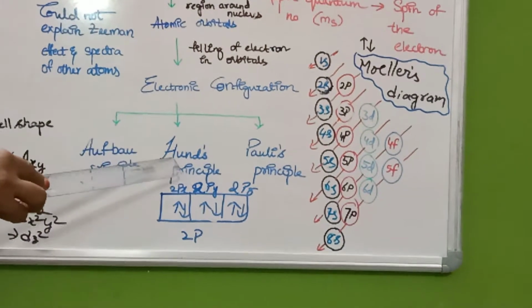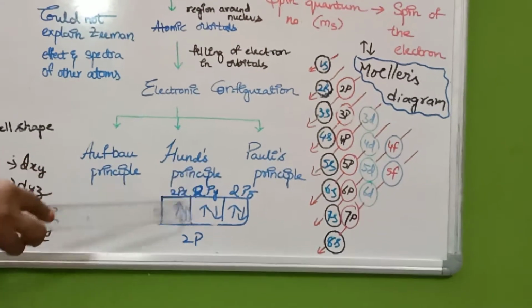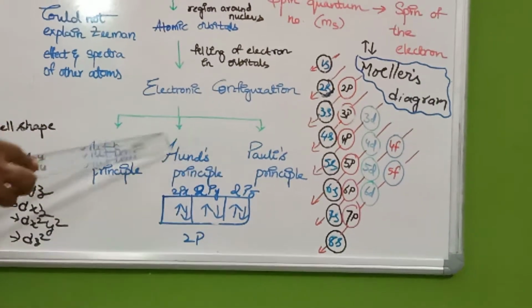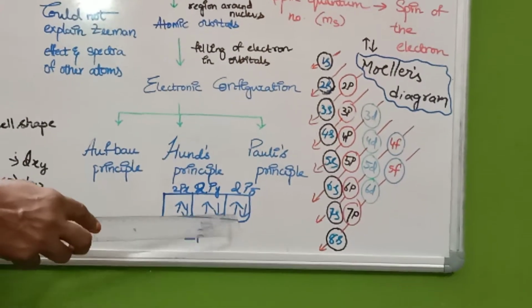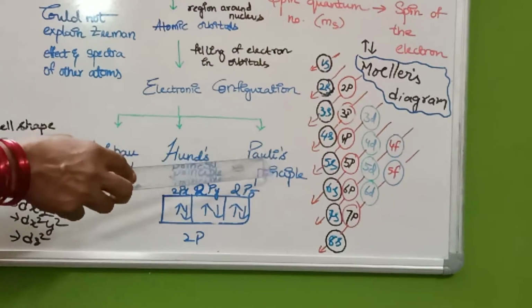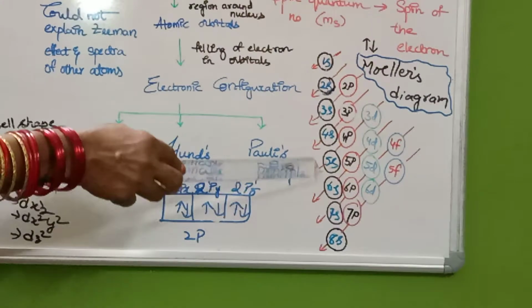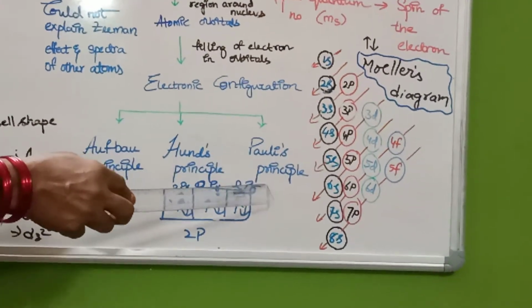Once again, Hund's rule says that the pairing of electrons takes place when all the degenerate orbitals are filled with one electron each.